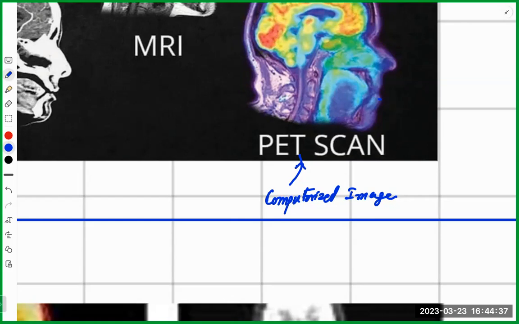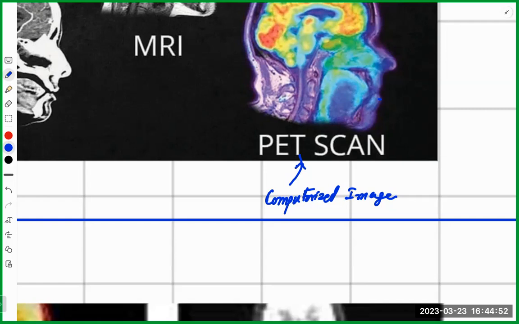So this is tomography. Tomography means we can generate an image on the basis of information. It is not a captured image like we get in X-rays.